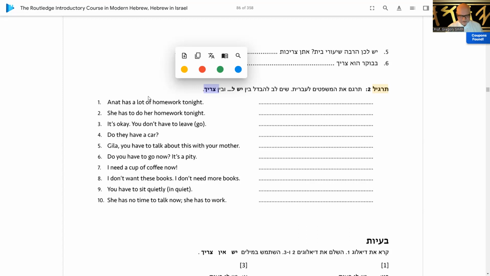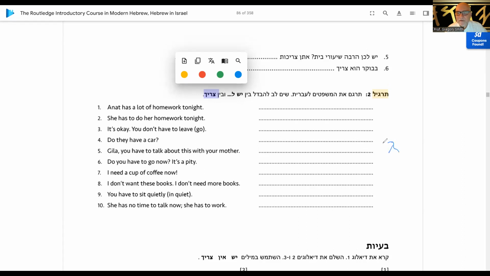So first, let's get what we have first on here. Okay, so that's this 1, 2, 3, 4 line, and then 5 line right here. So we're going to use a gimel. Okay, so Gila. And then we use at, feminine for you, at. And it's probably going to be zricha, I bet you.